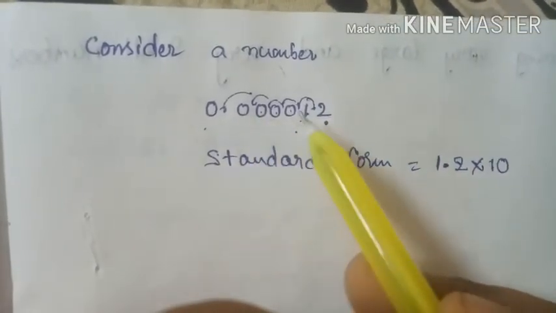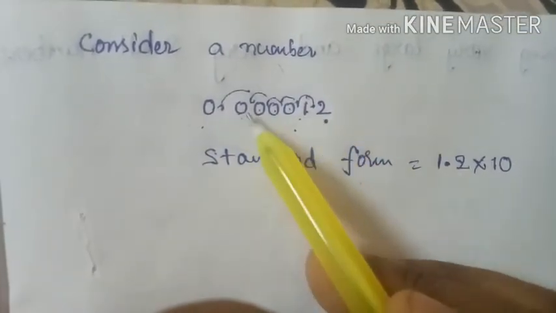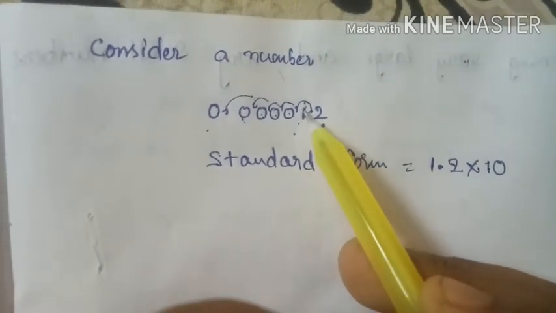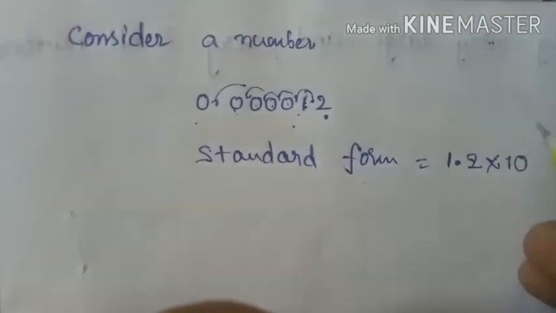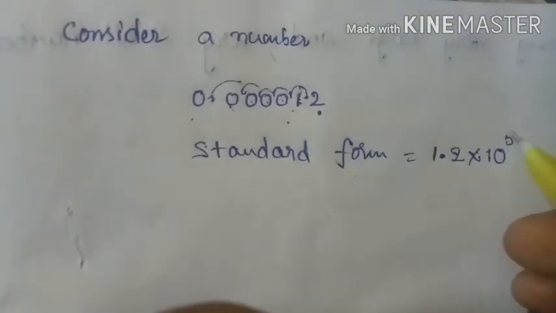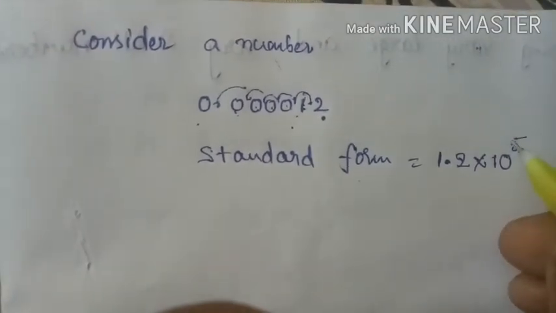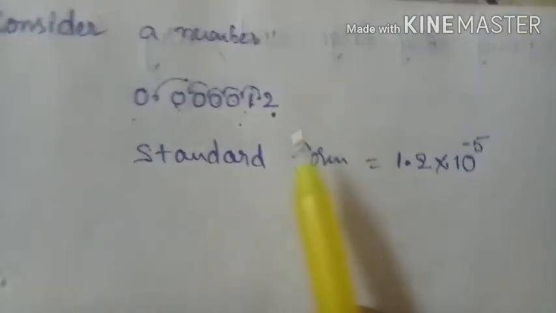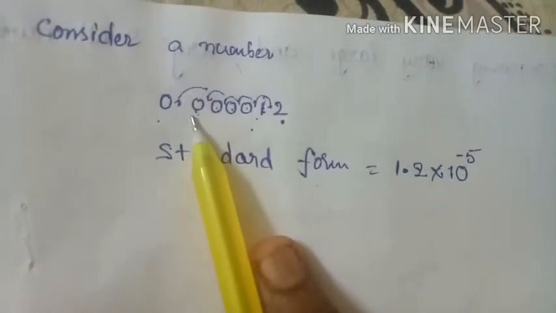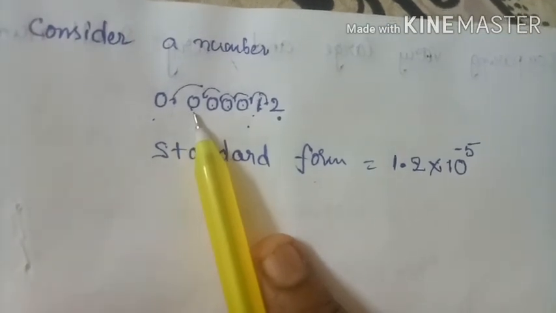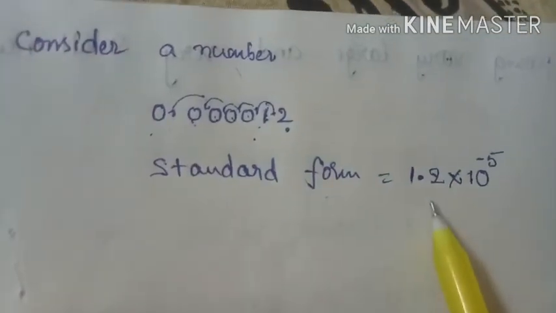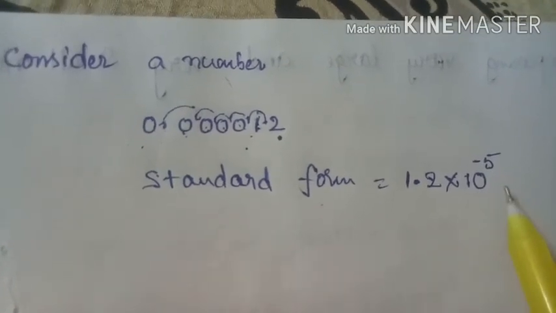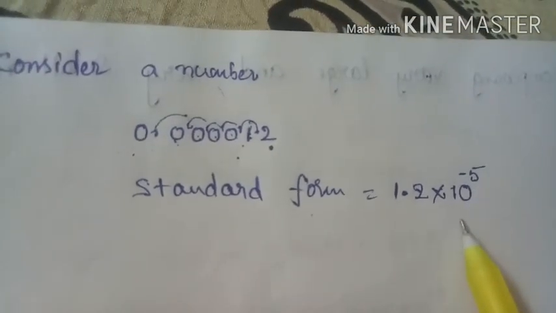The exponent we should write as, how many jumps? 1, 2, 3, 4 and here 5. So we should write it as exponent negative 5. Why? Because it is having zeros after the decimal. That's why when we write the standard form of smaller numbers, we use negative exponents.